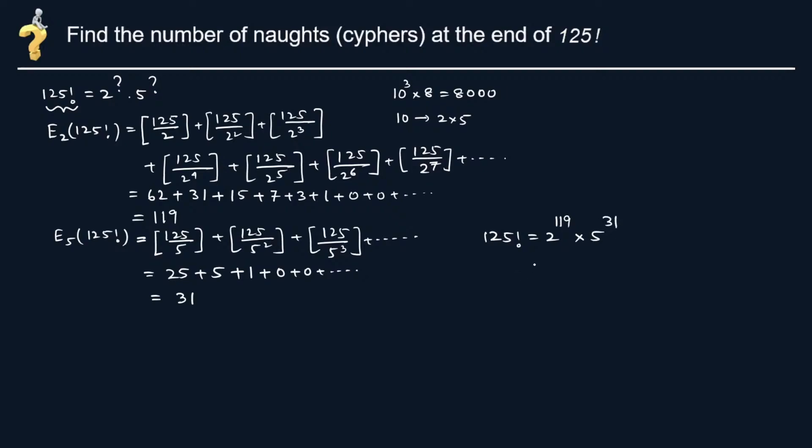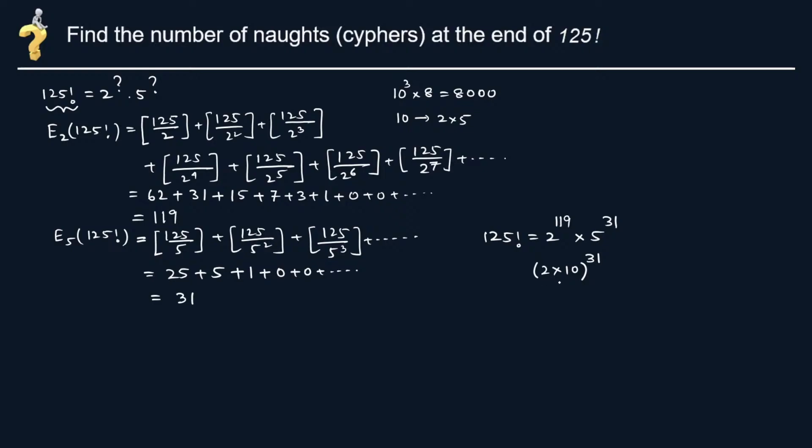Therefore, the exponent of 10 will be 31, because here we have to take the lowest value of the exponent. Among 2 and 5, the lowest value of the exponent is 31, which is actually the exponent of 5.